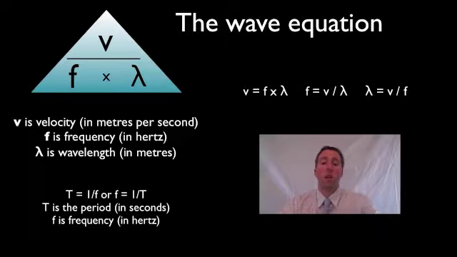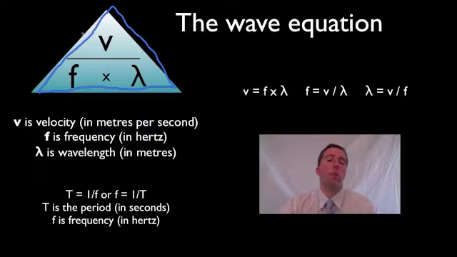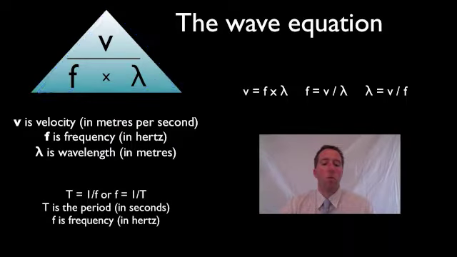So I'll just give you a couple of examples here. Again, using this triangle, once we have any two of these values, we can figure out the third. If we've been given the frequency and the wavelength, then the velocity is equal to frequency times wavelength.